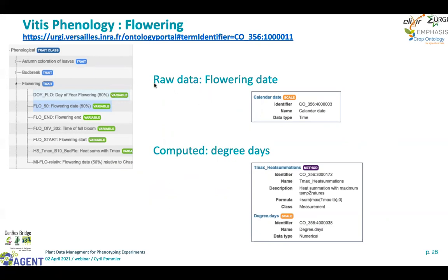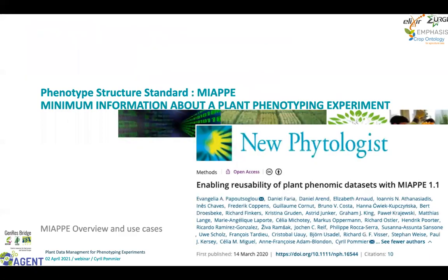And once again, you've got raw data with the flowering date, and then computation through degree days, including, and that's important, the formula that has been used to compute those degree day sums. So this is how we should describe and organize traits and phenotyping variables for each plant phenotyping dataset.